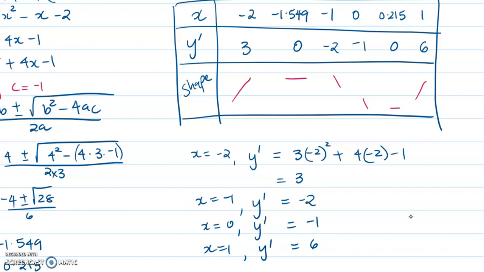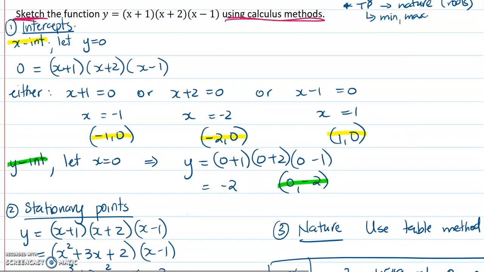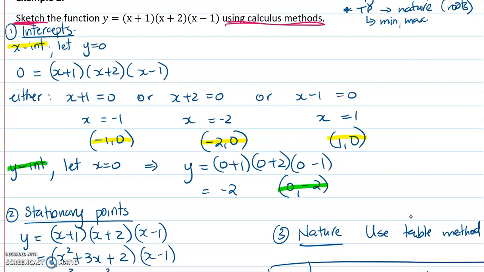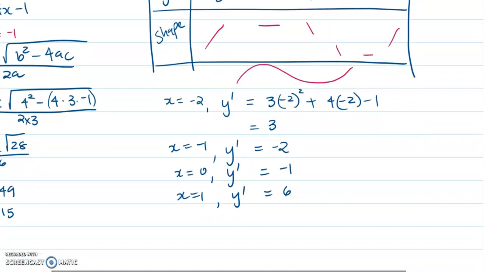So basically you can say that the shape is looking like that, which matches the function that we had, x plus 1 into x plus 2 into x minus 1, which is a positive cubic function. So you should be expecting a shape looking like that anyway. And this reconfirms that, yes, that's the shape of our function.